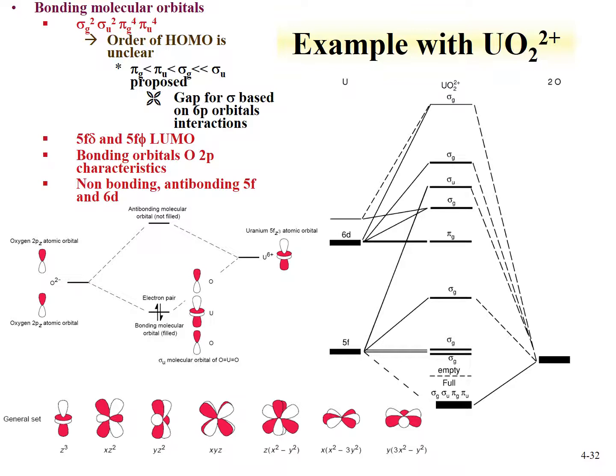From the molecular orbital, we see that the metal, the uranium, contributes fs and ds, where the oxygens are going to just contribute s's and p's. We see that the highest occupied molecular orbital is a mixture of sigma and pi bonds, and what we measure in UV-vis is this transition.